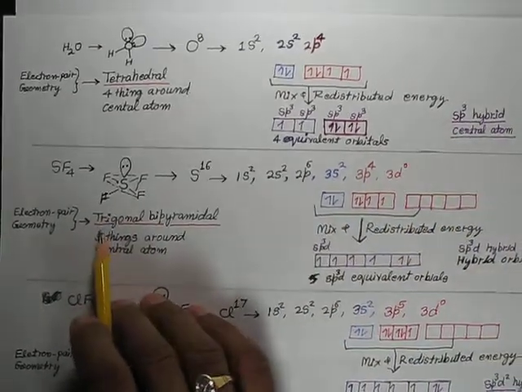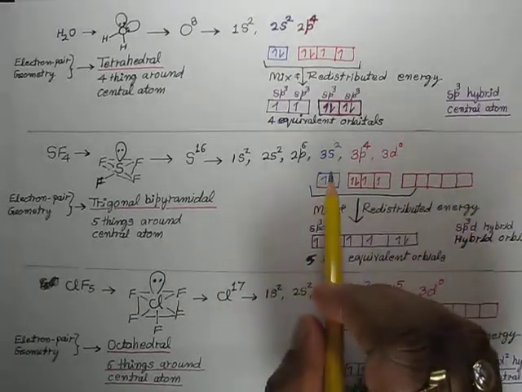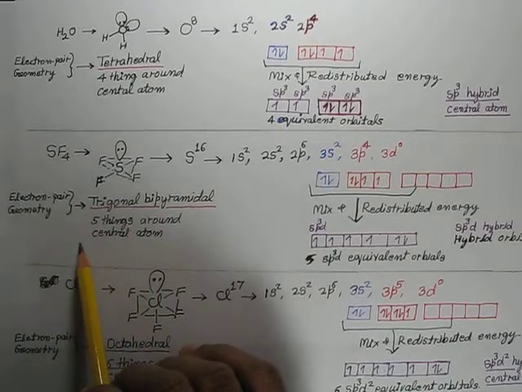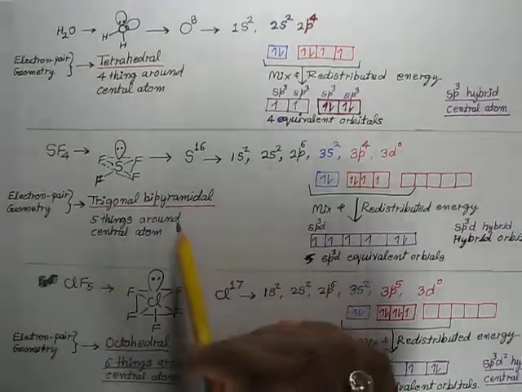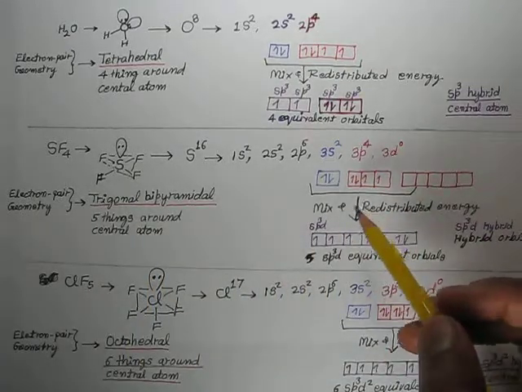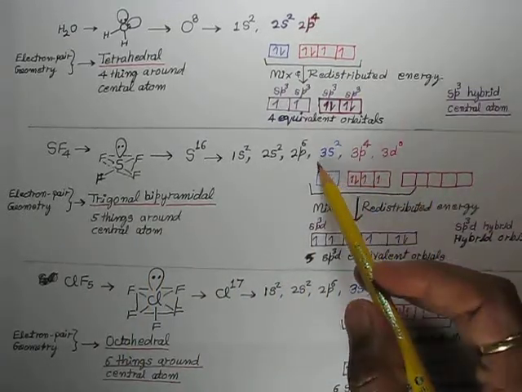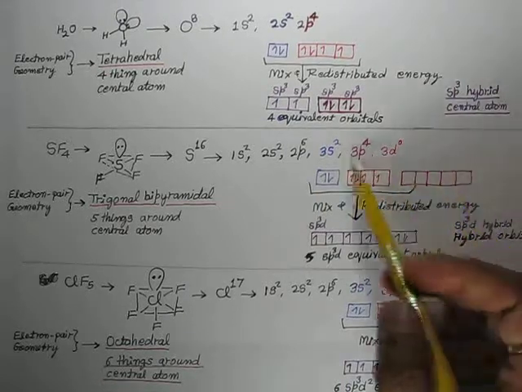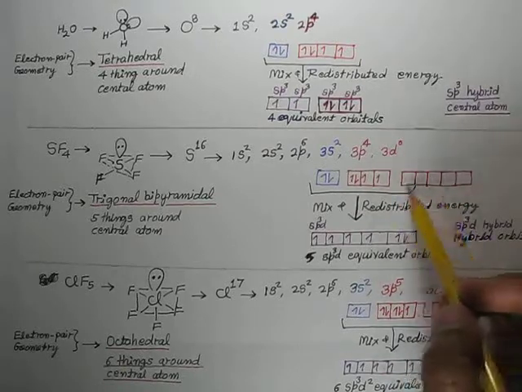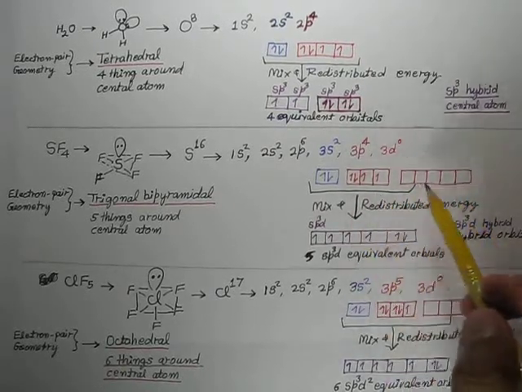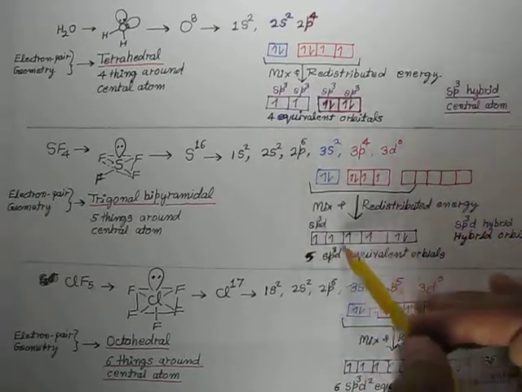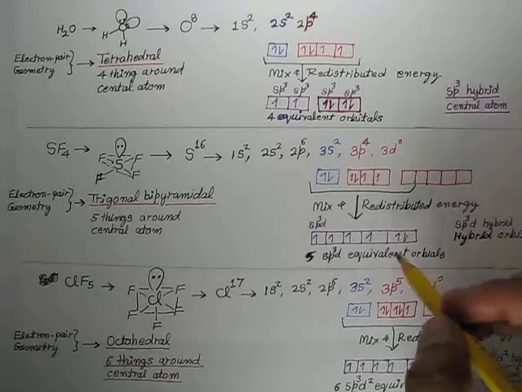And in the case of SF4, the electron pair geometry is trigonal bipyramidal, which is 5 things around the central atom. And how do they make the hybrid orbitals? They use the empty d orbital also, because you can see 2s2 2p4 and then 3d0, meaning the d orbital is there but it is empty. So sulfur can utilize its empty orbital also to make hybrid orbitals.